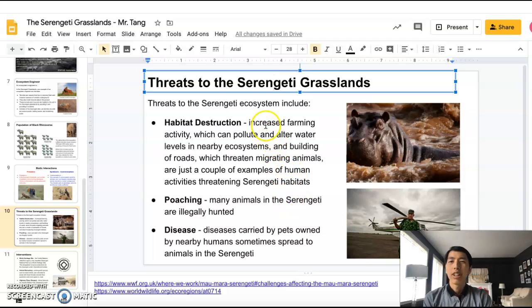I talked about how increased farming activity can pollute the ecosystem nearby and also alter the water levels of the ecosystem nearby. And also building roads damages the ecosystem as well, especially for a place like the Serengeti, where lots of animals migrate across the ecosystem. So if you build a road across it, it's going to affect the migration.